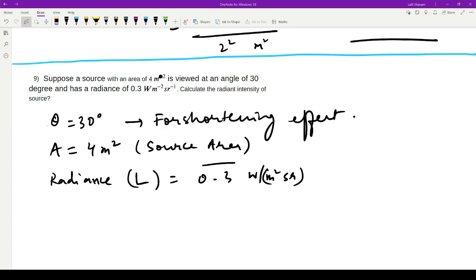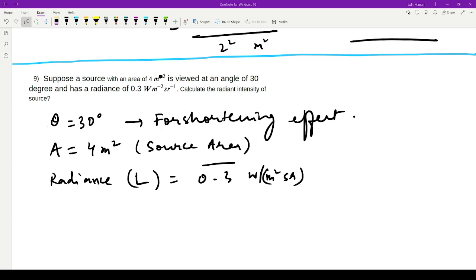L equals d square phi by dA cos theta d omega. But we don't have the information of omega. Then we can use the one you have calculated in another example. Omega is A by R square.